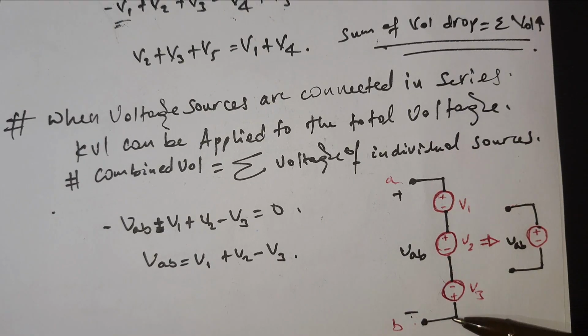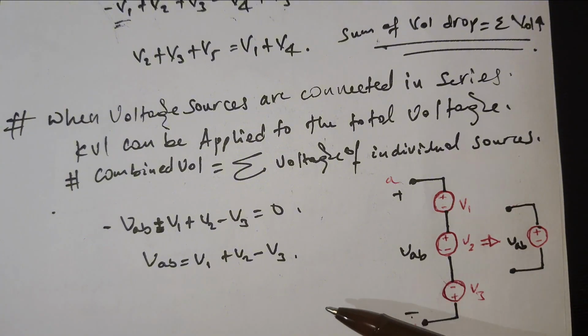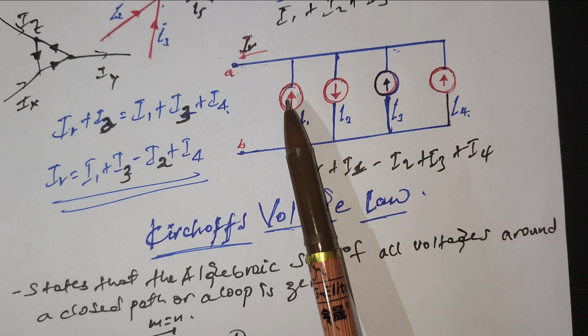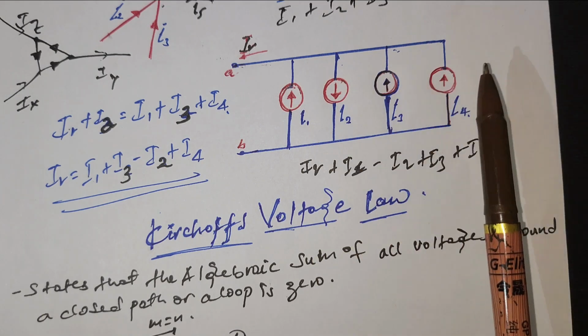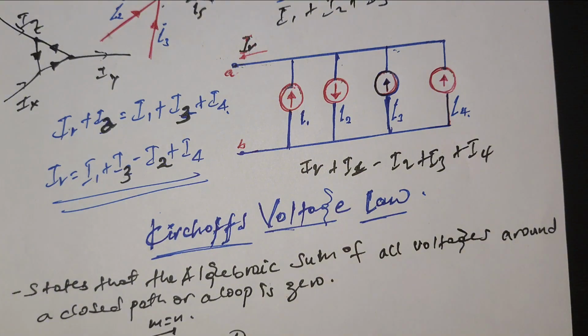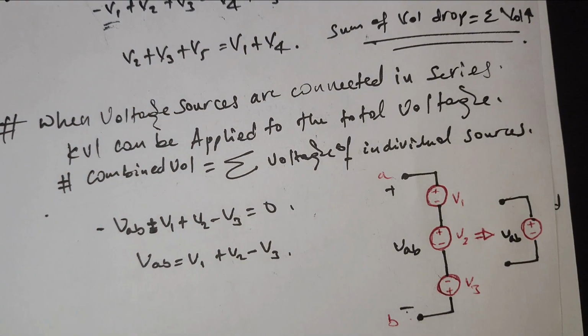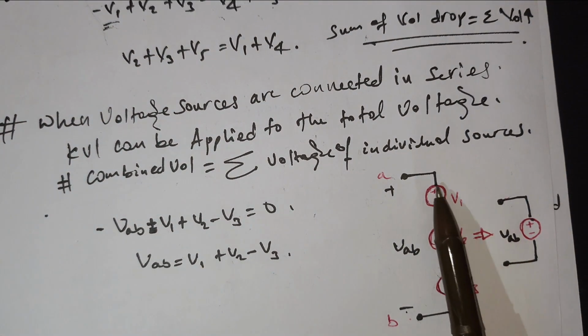The same polarities are added, different polarities are subtracted. This helps when we solve problems for voltage sources and current sources. Current sources are added when they are in parallel, and voltage sources are added when they are in series.